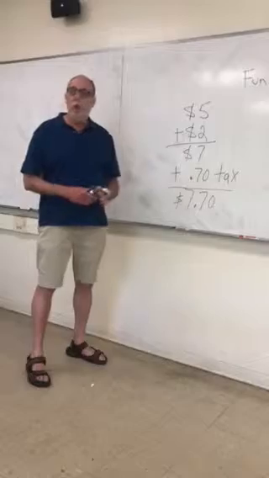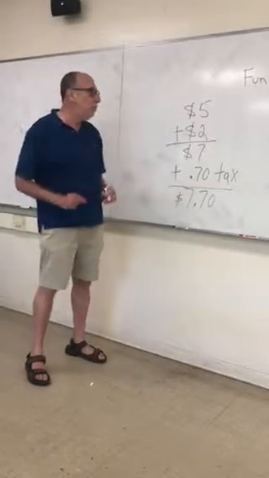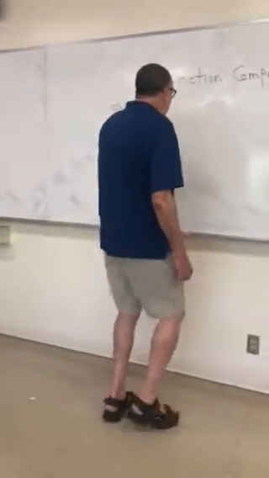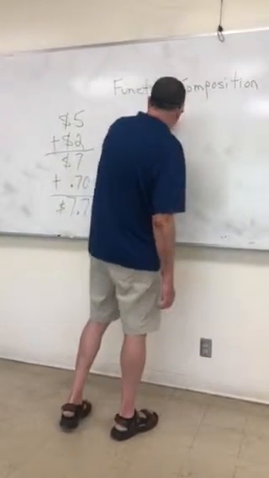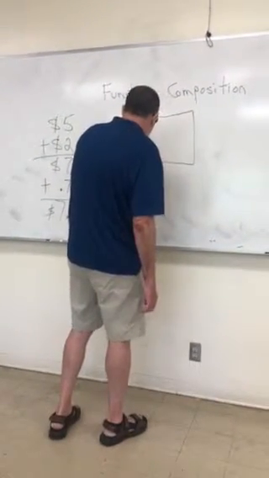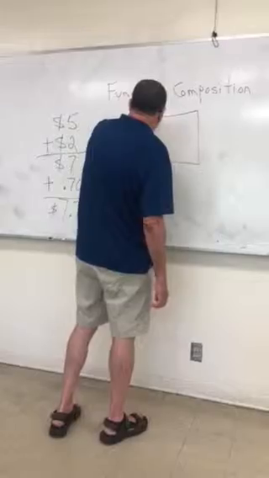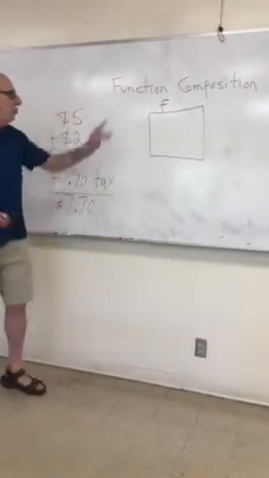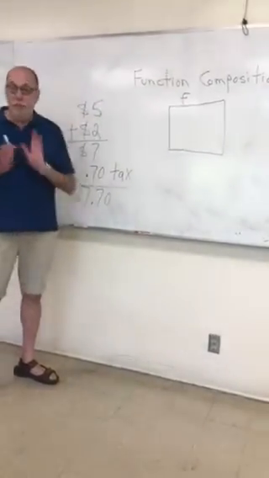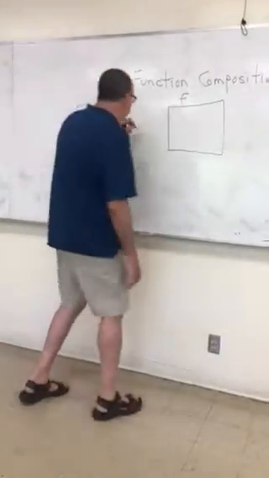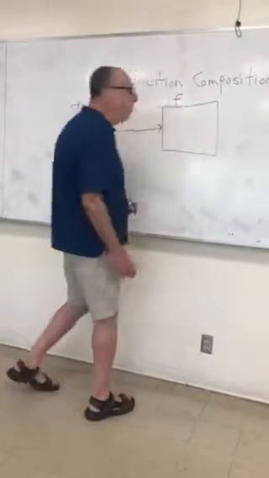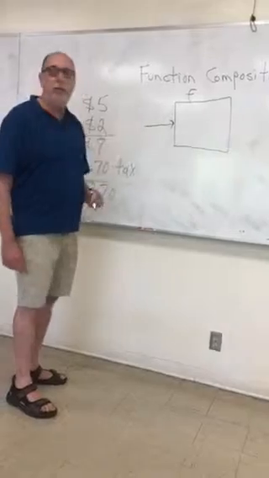So now let's look at this in terms of algebra. So suppose right here, I have a box, and this box is going to be called f for a function f. Now, the input into the box, that is our x.